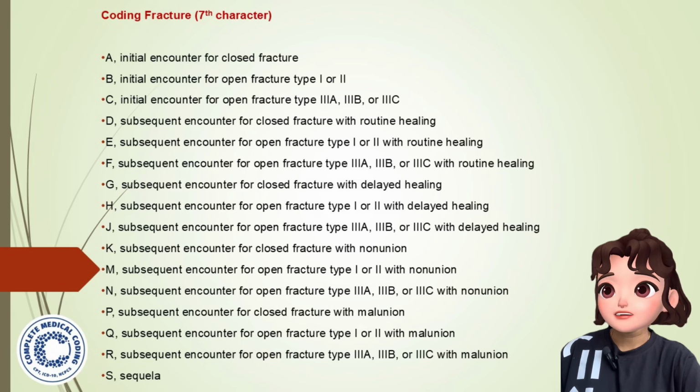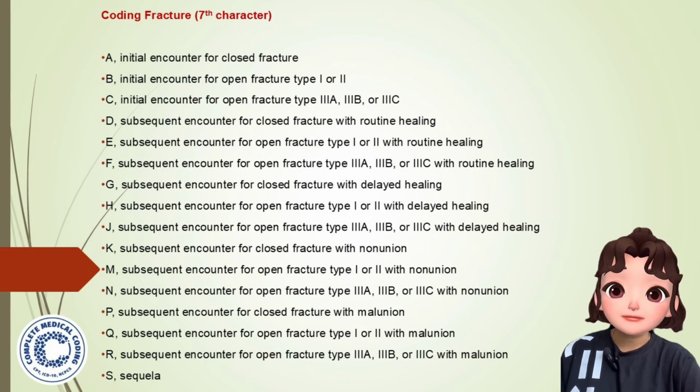Now P, Q, R represent malunion. P, subsequent encounter for closed fracture with malunion. Q, subsequent encounter for open fracture type 1 or 2 with malunion. And R, subsequent encounter for open fracture type 3, A, B or C with malunion. And S always represents the sequela. So this is how you have to code the fracture.